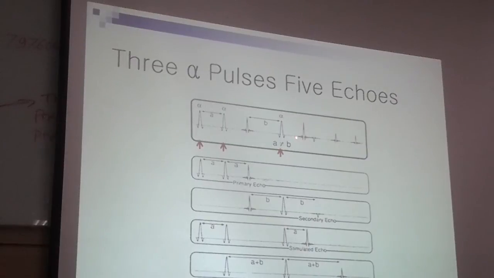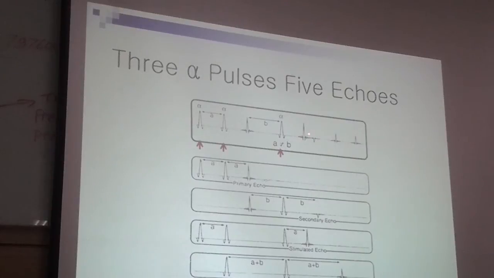This echo is not considered the echo of the primary echo because the timing is not consistent, same as the B. So we said that this echo is the secondary echo of the primary echo because the timing is the same as B.